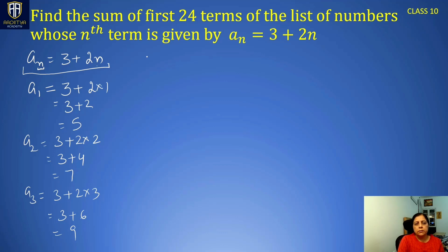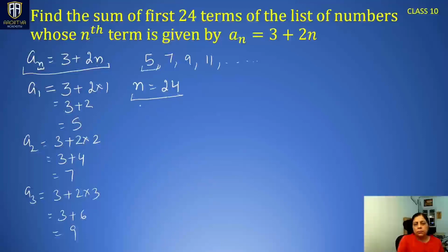So developing this, we have 5, 7, 9, 11 and so on. Right? So first of all, we have formed the sequence. Now he says find the sum of first 24 terms. So n here is 24. Looking for the sum of 24 terms, we have restricted our n to be 24.